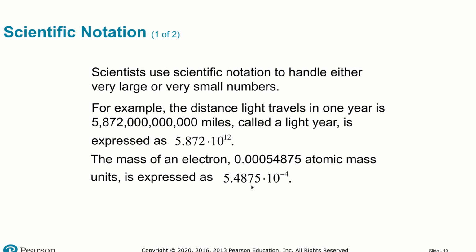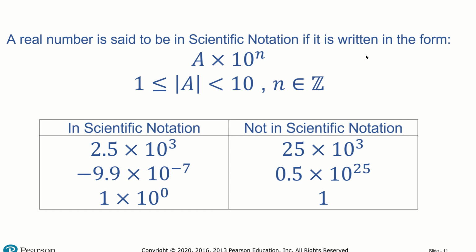So let's see what scientific notation is exactly. All right, we say that a real number is said to be in scientific notation if it's written in the following form. We have a times 10 to the n, so we have some number times a power of 10. Now, there are restrictions on the number and on the exponent, which is the power of 10. The absolute value of the number needs to be between 1 and 10, left inclusive.